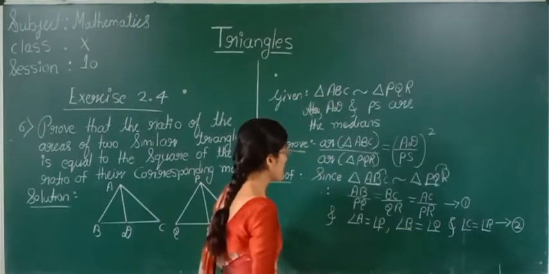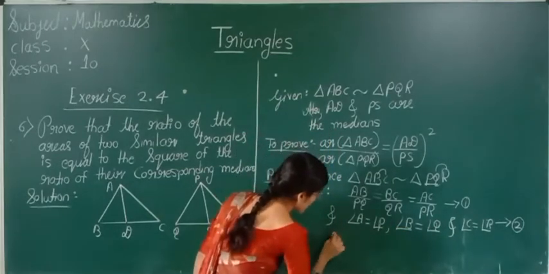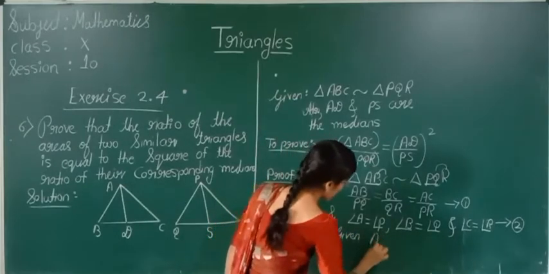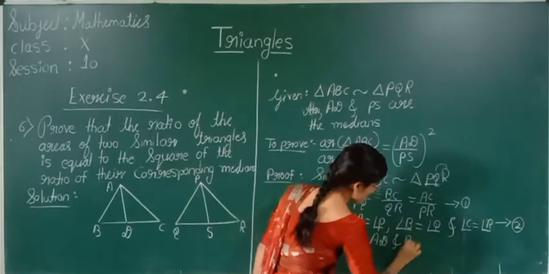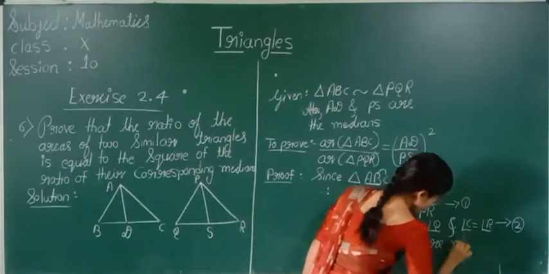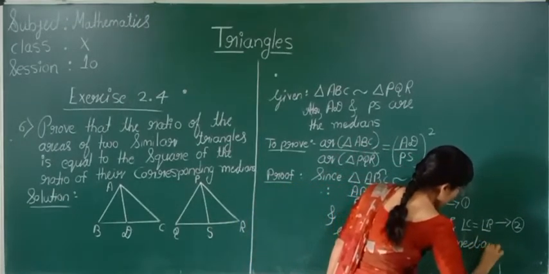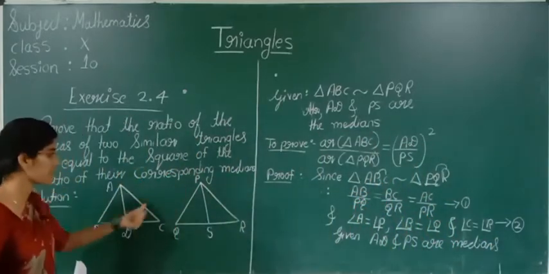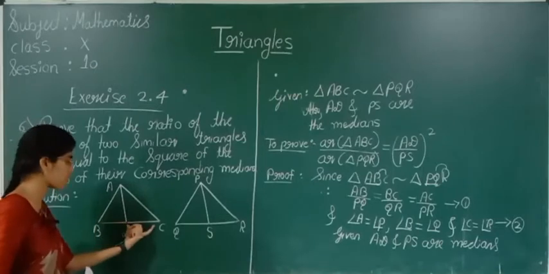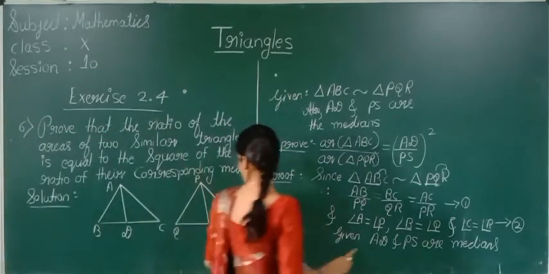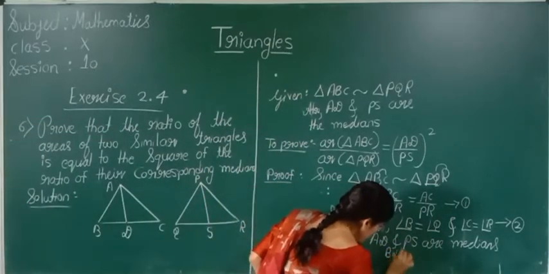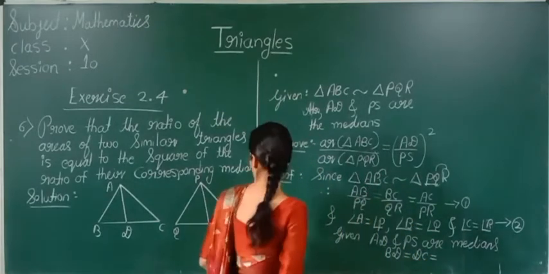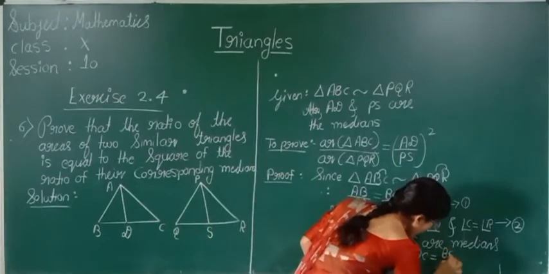Okay. Now see here, given AD and PS are medians. If AD and PS are medians, definitely BD is equal to DC. I can write this as BC by 2 also.